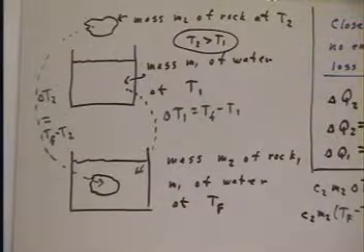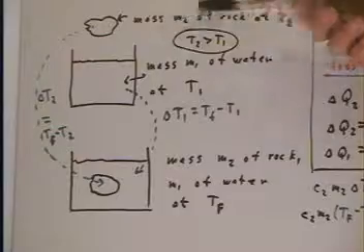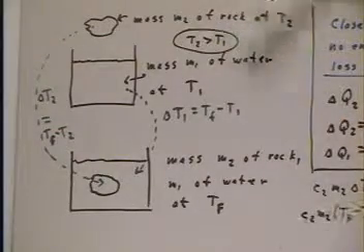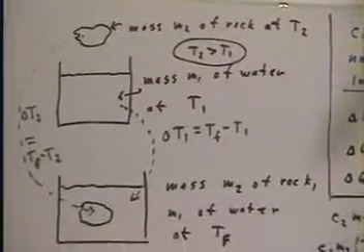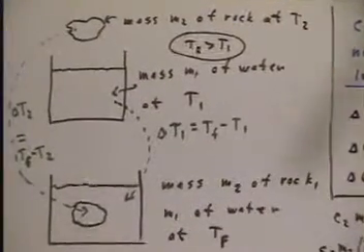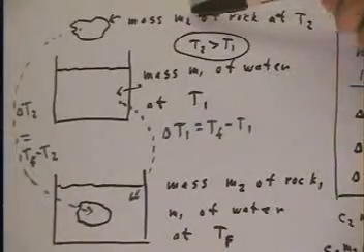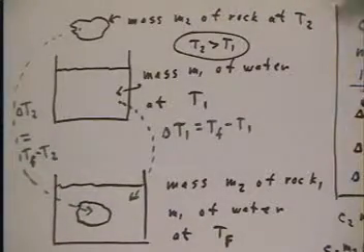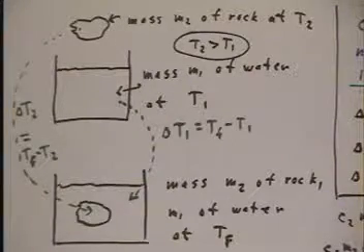Now, looking at the situation where we put a rock into the water. If we have a mass, and we're just symbolizing the situation, we've already analyzed the situation numerically. But we put a mass M2 of rock at temperature T2 into water. What's going to happen?